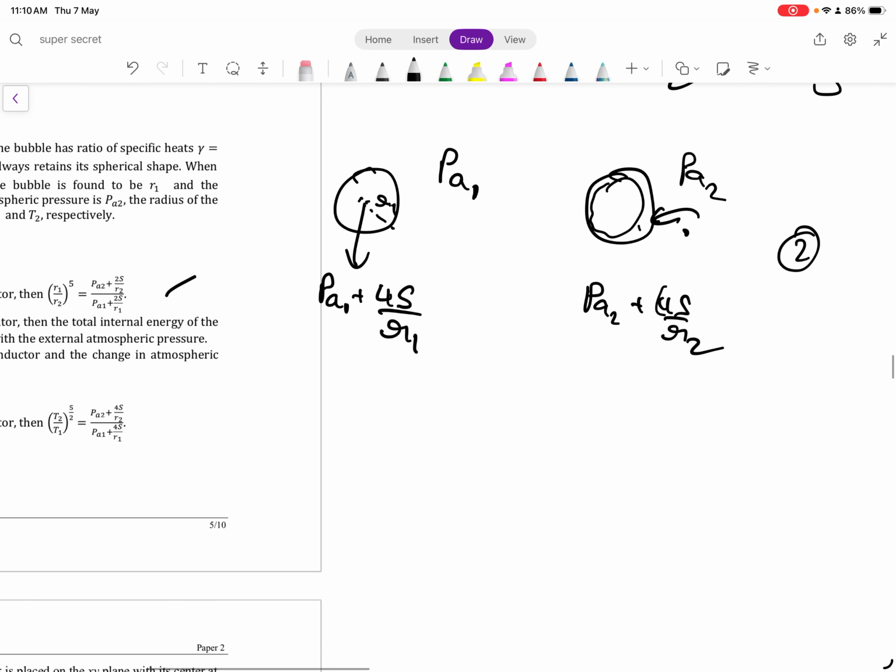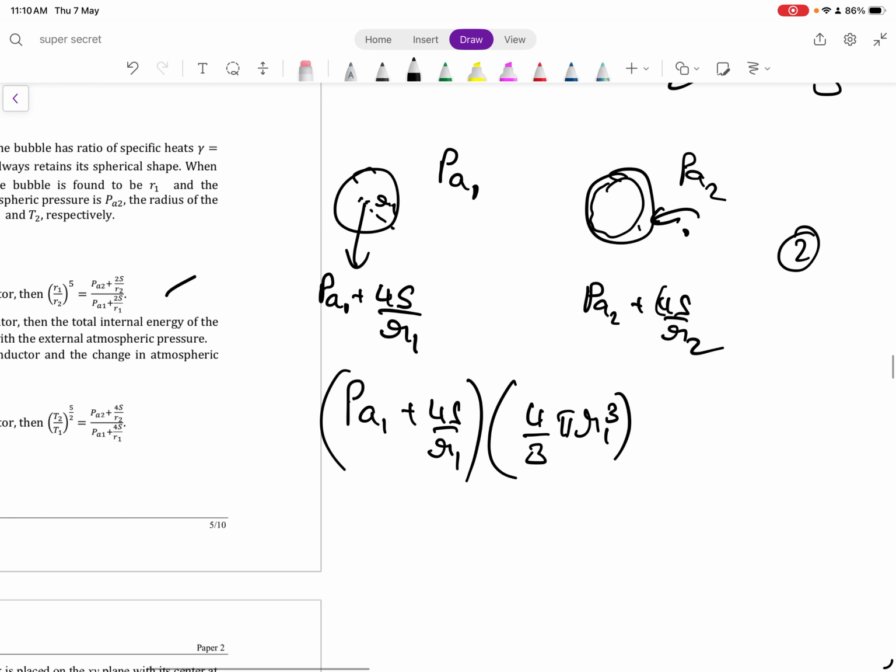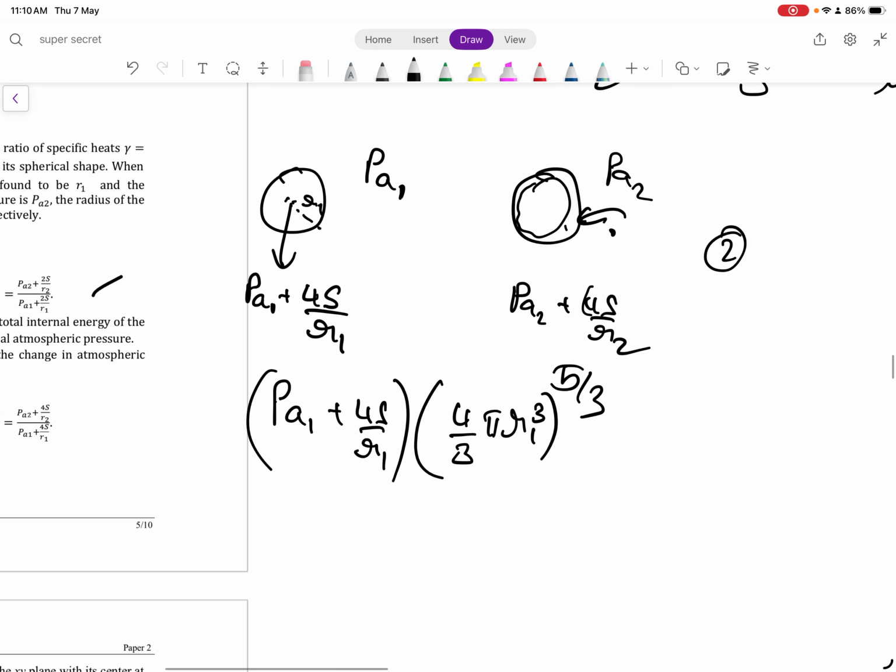So yeah, we have PA1 plus 4S by R1. This P into volume, which is 4 by 3 pi R1 cube. PV power gamma is equal to PV power gamma.